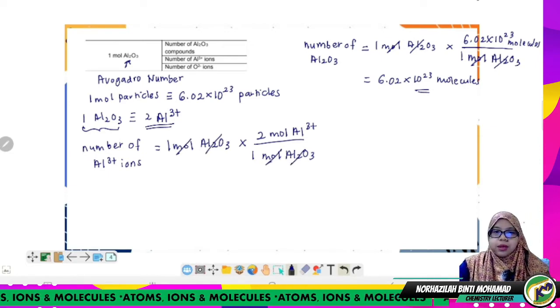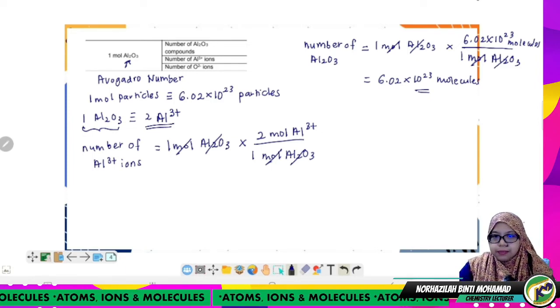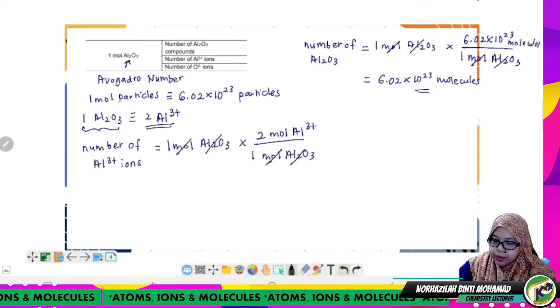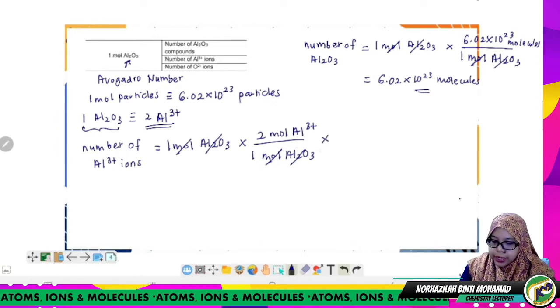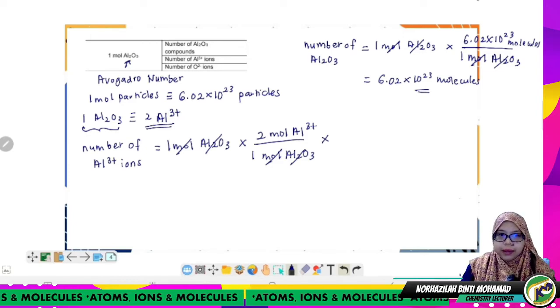So right now we have the mole of aluminium ion. So after that, we relate the mole with the Avogadro number.